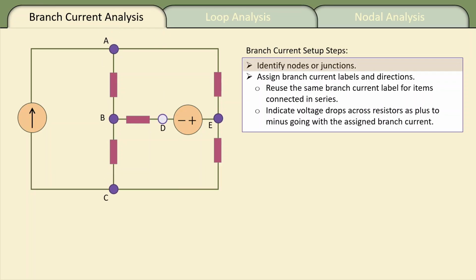First, we want to identify our nodes or junctions now that we understand that we have 7 branches, 2 power supplies and 5 resistors. So here are the nodes A, B, C, D, E. And notice that A, B, C, and E are shaded in a darker color. I like to do that when the node joins together more than 2 branches.